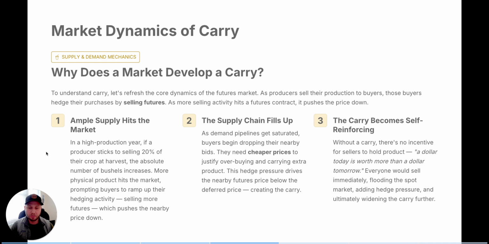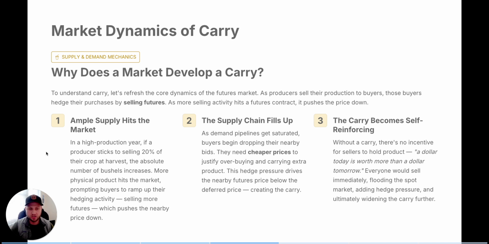And if there aren't people on the other side buying that, it's going to continue to push the price down. On the other side, if you haven't had a bumper yield but you're still selling 20%, that is an absolute lesser number of bushels that you'd be selling.